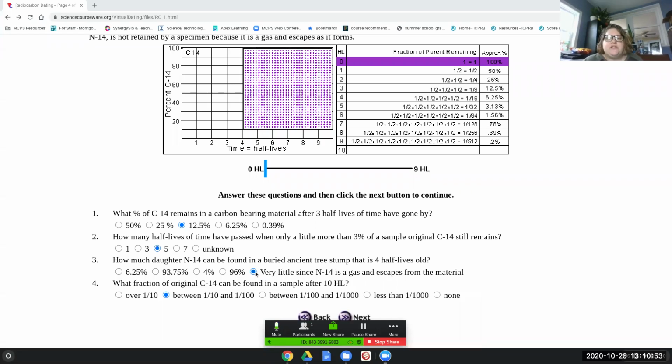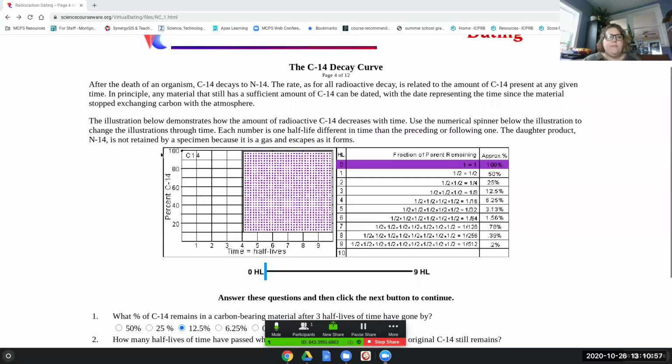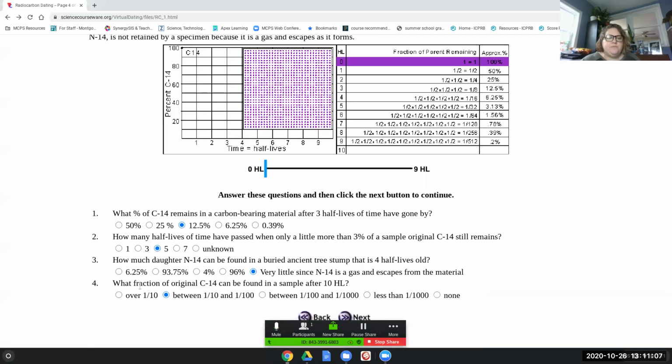So these are your answers, because for 3, if you read above, it says the daughter product N14 is not retained by a specimen because it is a gas and escapes as it forms. As soon as it forms, it escapes. And this is actually the wrong answer. I know a lot of people are thinking, oh, but if I divide 0.2 by a half, if I cut it in half, that's 0.1%.